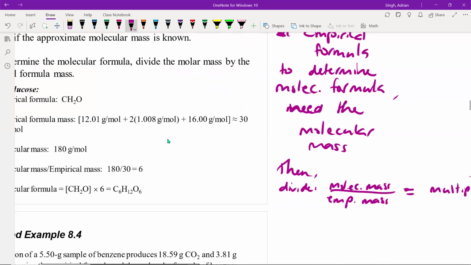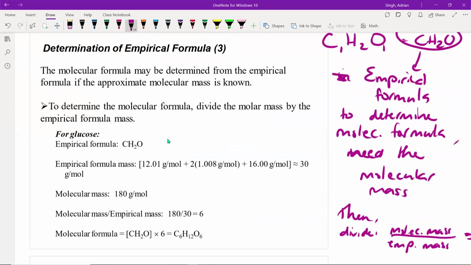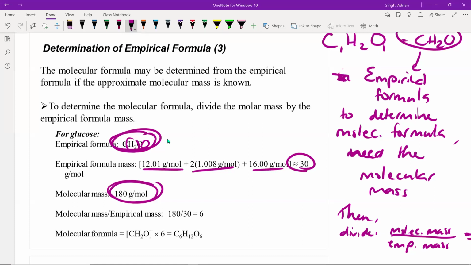So in the case of the one that we just did, the approximate molecular mass is 180 grams per mole, the molar mass. The empirical mass, based on the empirical formula, I have 1 carbon, 2 H's, and then 1 O. That gives me about 30. So I take my molecular mass, 180, divide it by 30.